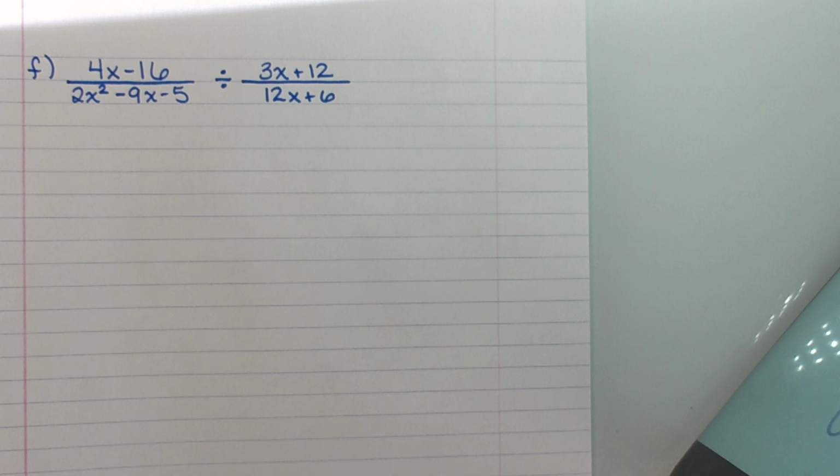4x minus 16. Oh, 2x squared minus 9x minus 5, divided by 3x plus 12 over 12x plus 6. Andy, what do you think I should do first in this problem?